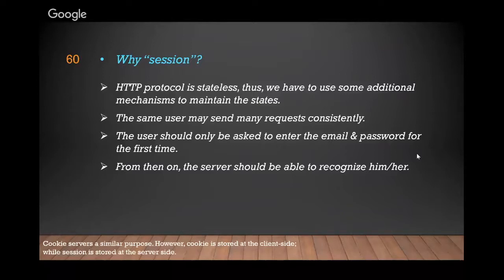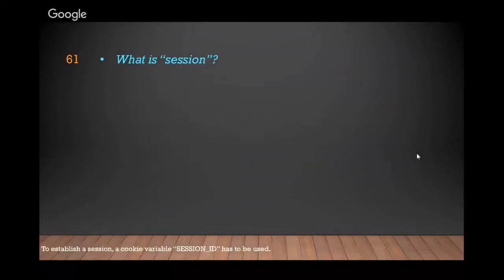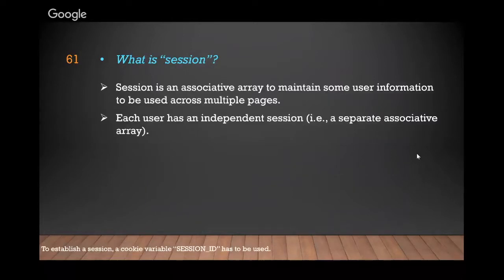If the session ID is the same, we know that this request is coming from the same user as the last one. If it is from the same user, we will check whether the user has logged in or not, according to the session variable. It's a bit complex here. From the programmer's perspective, session is just an associative array.